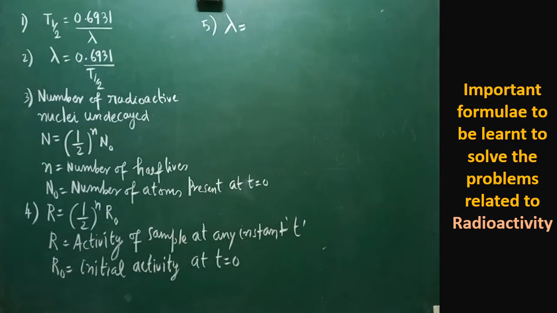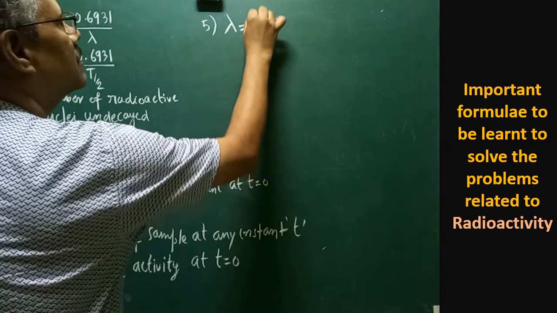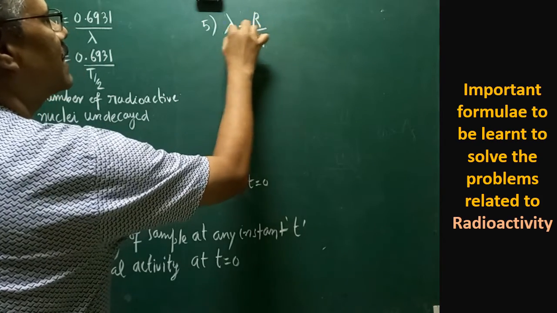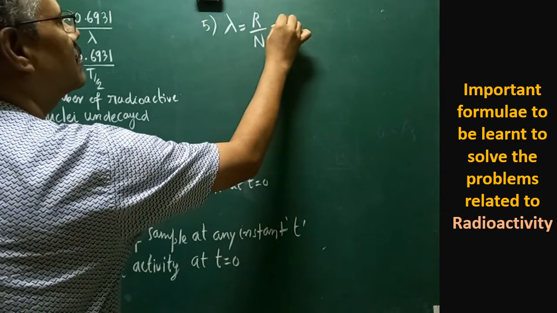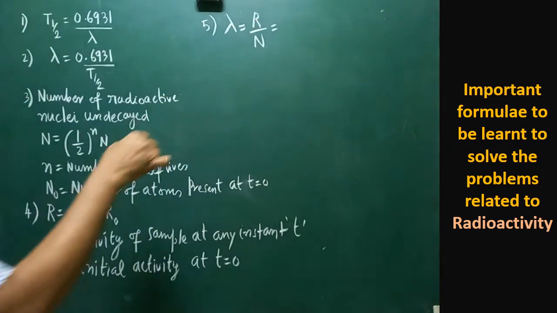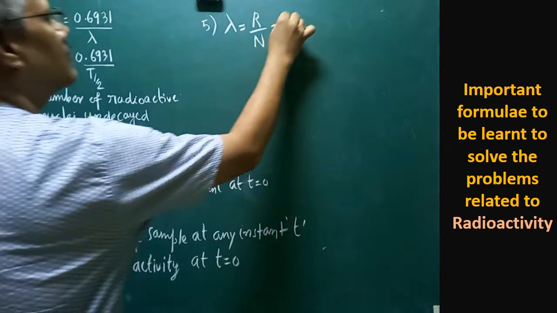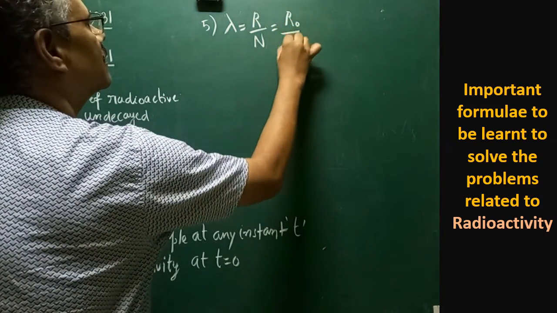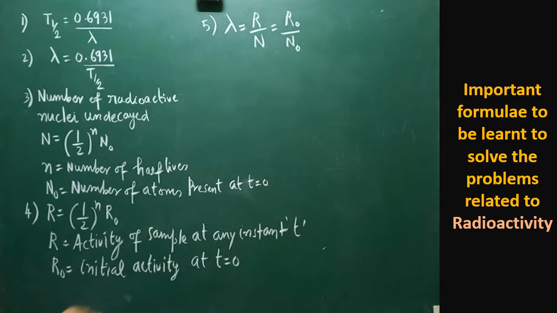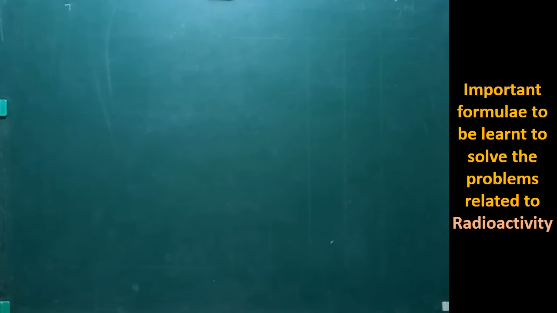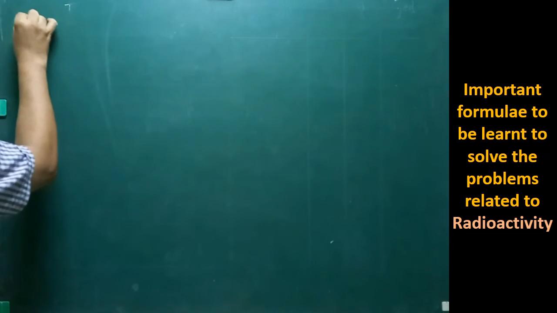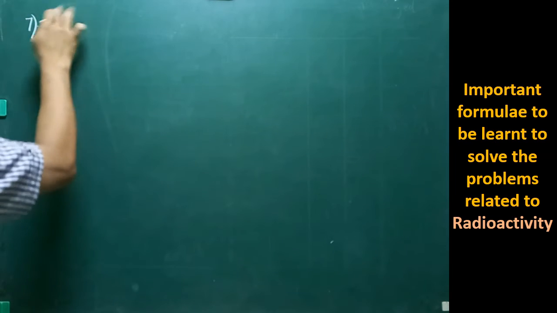Decay constant can be found out by knowing these two formulae, that is lambda is equal to R by N, and one more formula is also there, that is R naught by N naught. Know both the two formulae, both of them will give the same answer. Now I am going to write the next formula, the seventh formula.